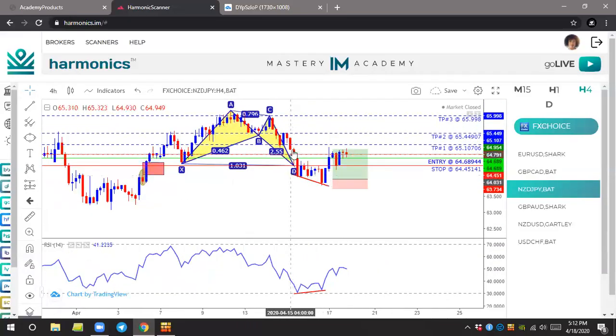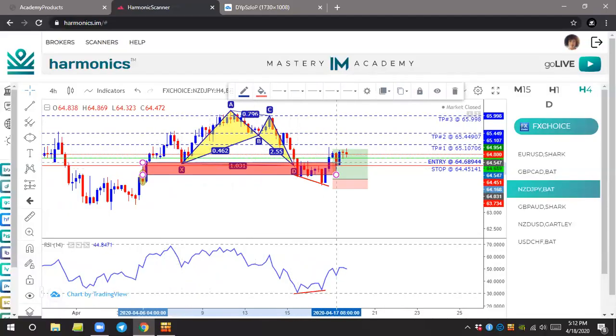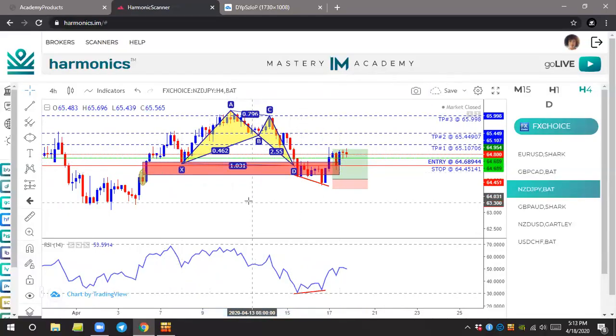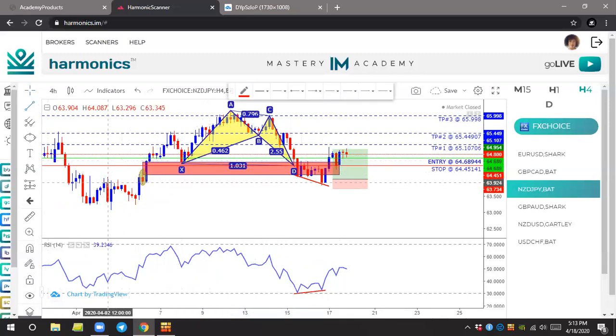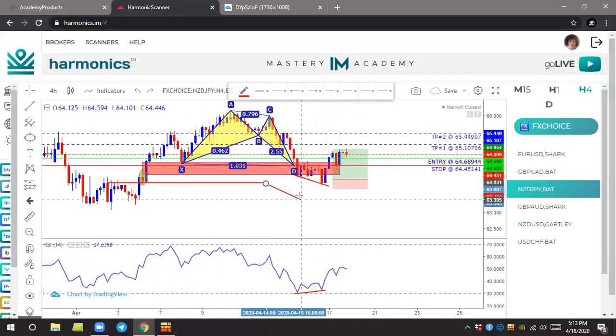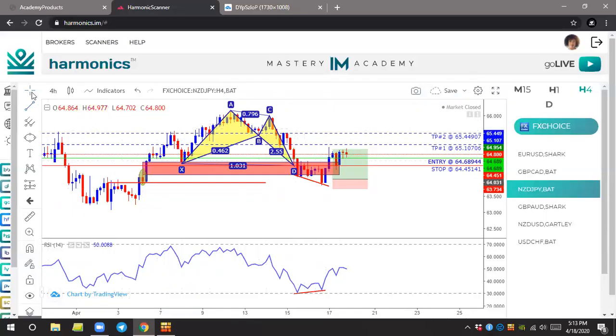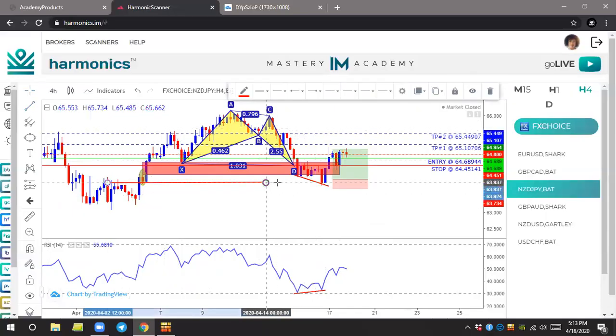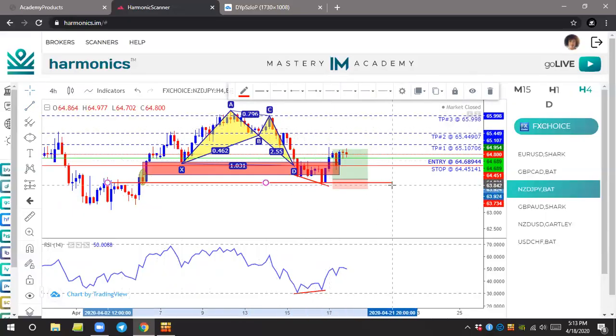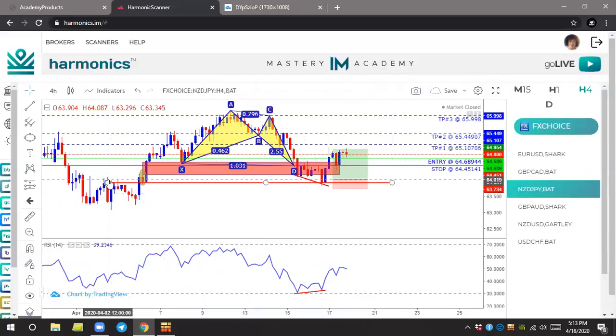But now what we're teaching you how to do is apply these institutional understandings to this knowledge. We wasn't going to buy here simply because we had way too much money down here to pick up, right? And there was also a mitigation area right here. There's also a mitigation area literally right here. This candle right here, we mitigated price, right?